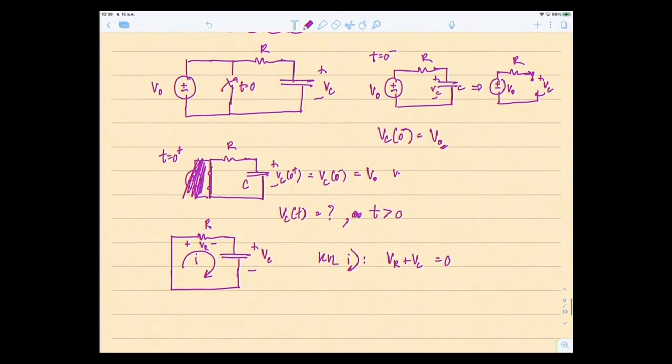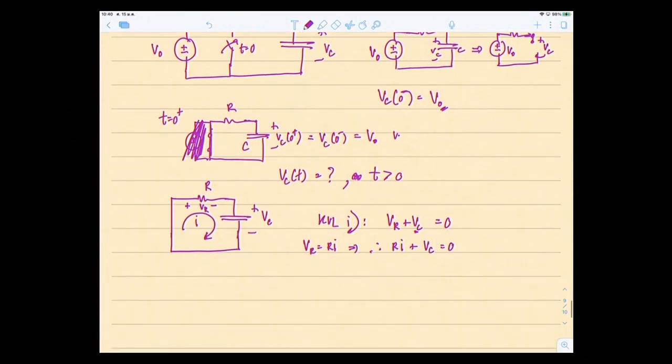I want the equation in terms of VC, the voltage across the capacitor. So what formula do I know? VC is VC, I don't want to change it. VR is equal to R times I, so R times I plus VC equals 0.